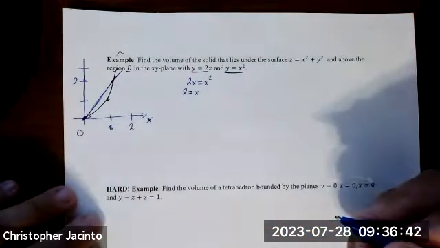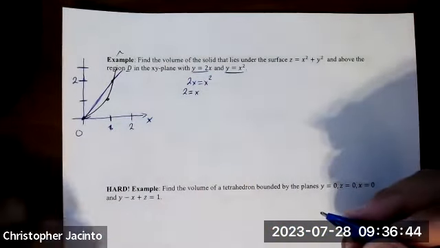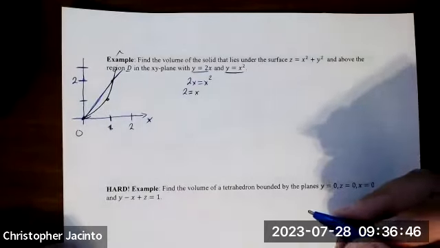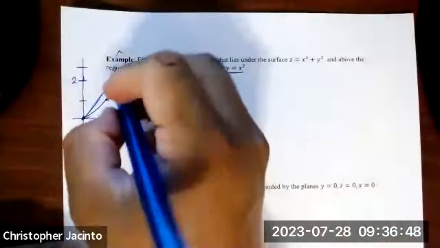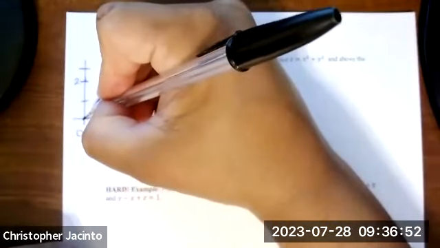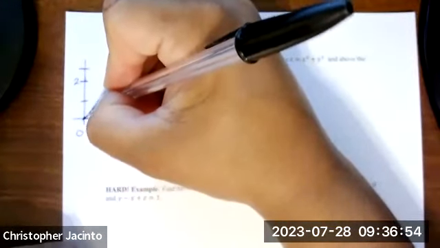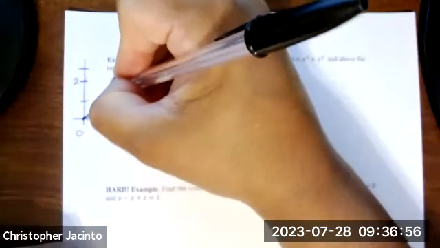Now, again, same thing. Is this a type 1 or a type 2? Okay. So if it's a type 1, or actually, here, let me show you. This is the region we're looking for. So this is our D region.